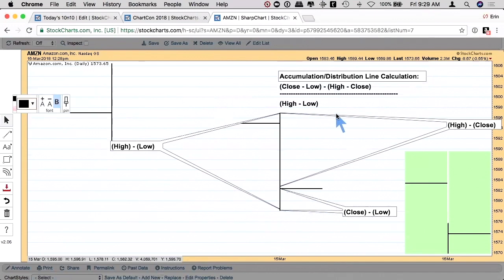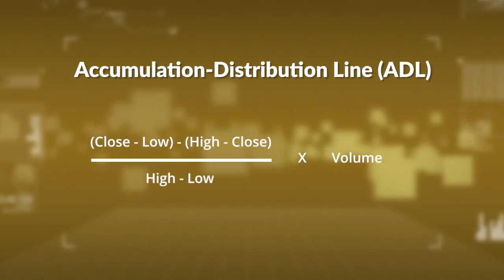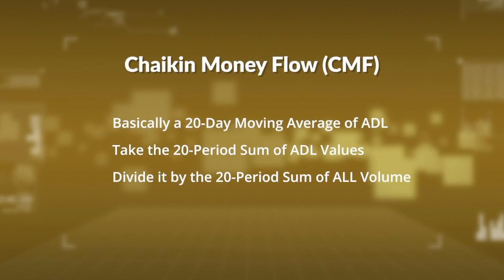So now, hopefully you understand the accumulation. And if you understand this, and I hope I simplified it somewhat for you, then you're going to know the Chaikin money flow, because the Chaikin money flow is a moving average of the ADL, a 20-period moving average.